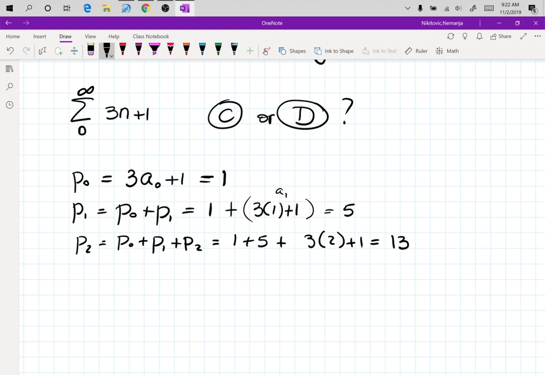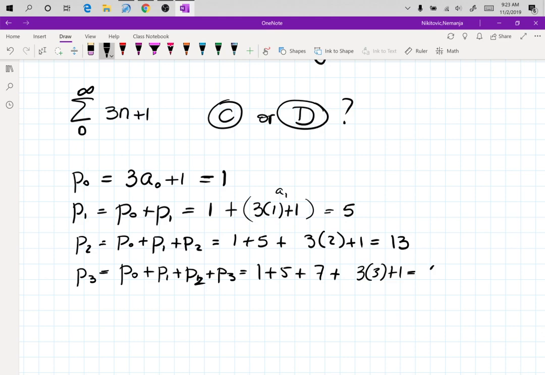And then I'll have P3, which is a0 plus a1 plus a2 plus a3, which is going to be 1 plus 5 plus 7 plus, and the next number is 3 times 3 plus 1, which is 10, and 13 is 23.